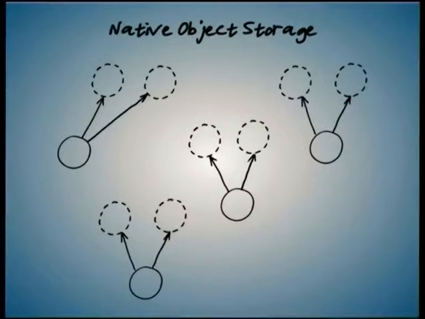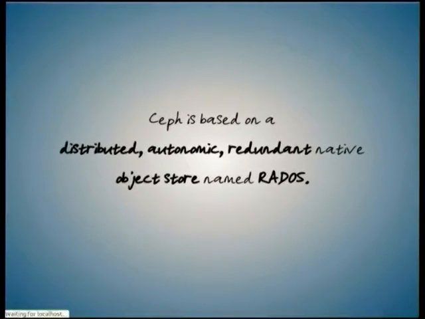Before we actually dive in and get our hands dirty and our feet wet on those machines, let's take a look at what is so special about this native object storage that is at the core of Ceph. Ceph is based on a distributed, autonomic, that means self-organizing, and redundant native object store named RADOS. RADOS stands for Reliable Autonomic Distributed Object Store.